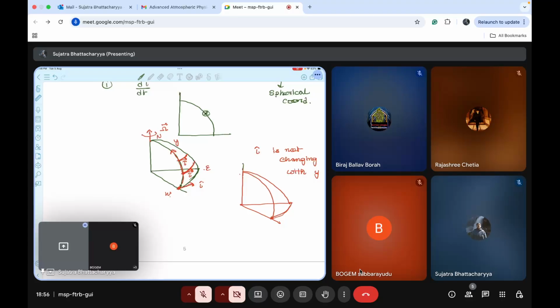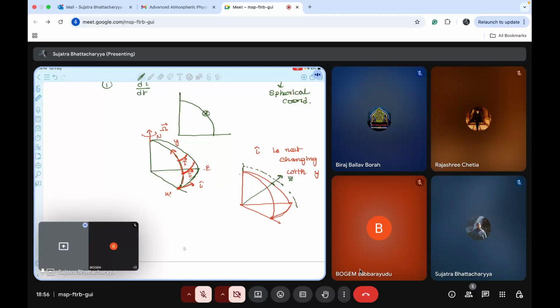Now if I go much more to the top in the z direction, right? Because this is the z direction. As you go far away from the surface, the red one is the surface, this green dashed line is the atmosphere. As you go more vertically in the atmosphere.